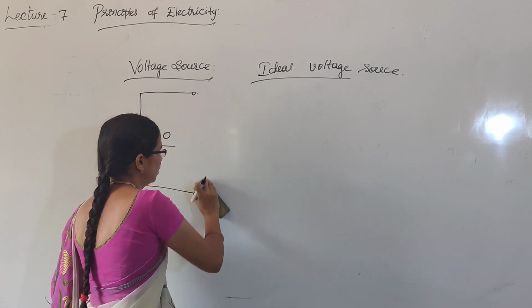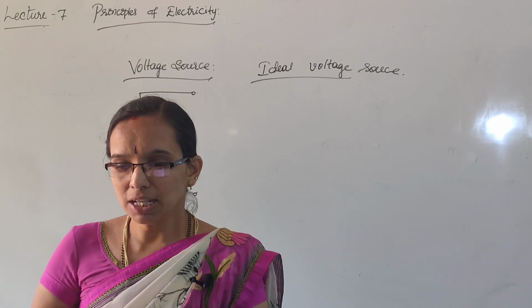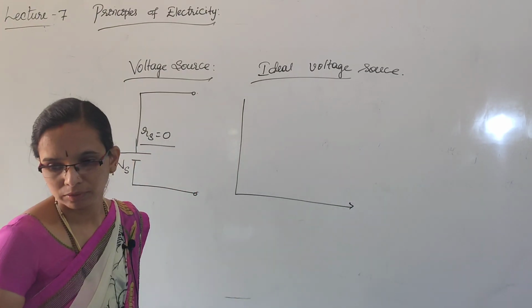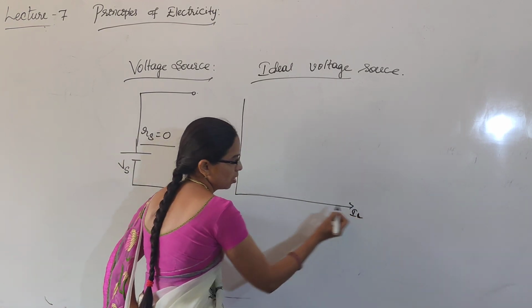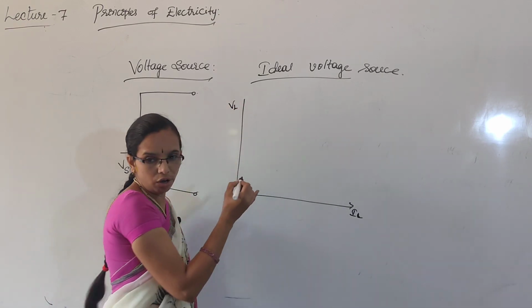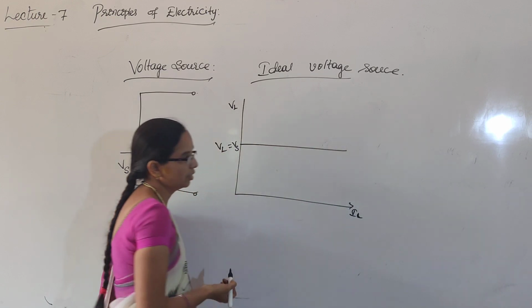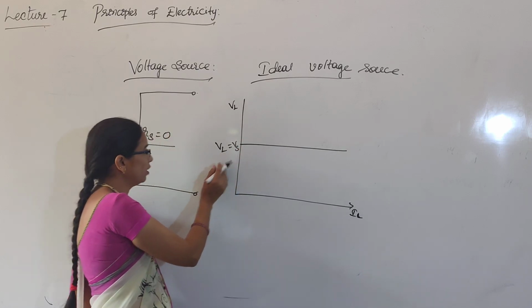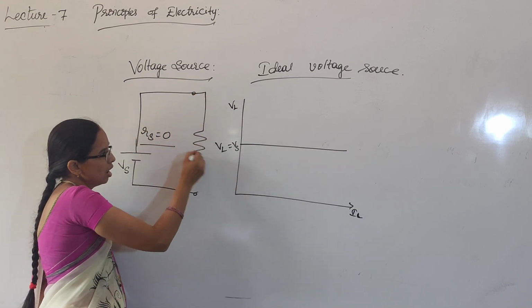So in an ideal voltage source, the internal resistance will be 0. If we draw the VI characteristic, the graph of IL versus VL, whatever voltage is supplied by the source will completely drop across RL.